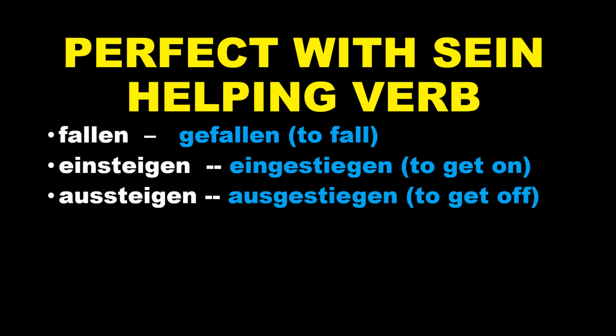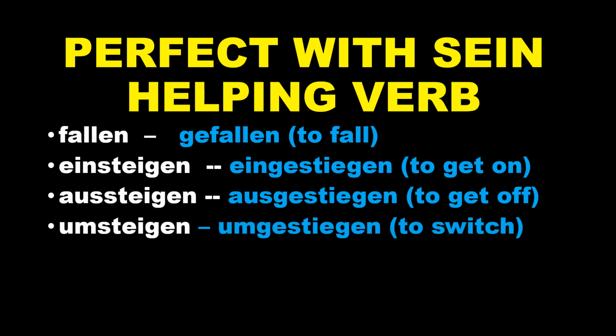Next verb is aussteigen. As the verb suggests, all these verbs have a separable prefix, ein, aus. Aussteigen, ausgestiegen. Again IE and EI. To get off the bus or a train or things like that. Next is umsteigen.